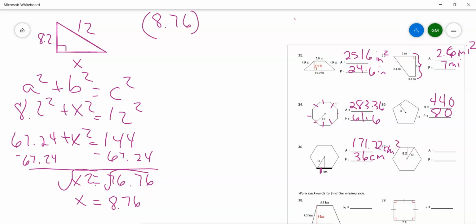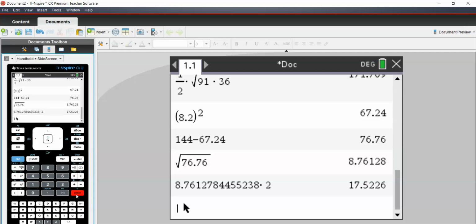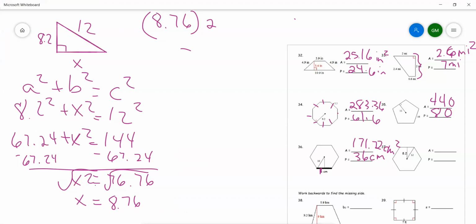So we're going to need to multiply that by 2. Let's go ahead and hit times 2. And we're going to get 17.52. So that's going to be what we're going to use as our side length, 17.52.